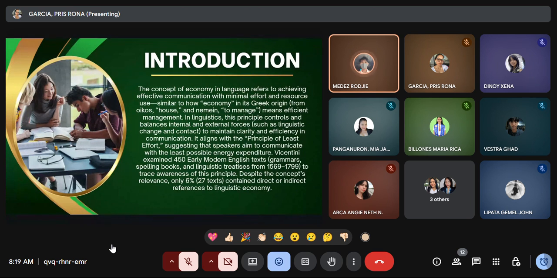Another example, instead of teaching 10 different tenses all at once, we can start with the most commonly used ones. So this way, our learners can apply grammar naturally in real life communication without confusion.